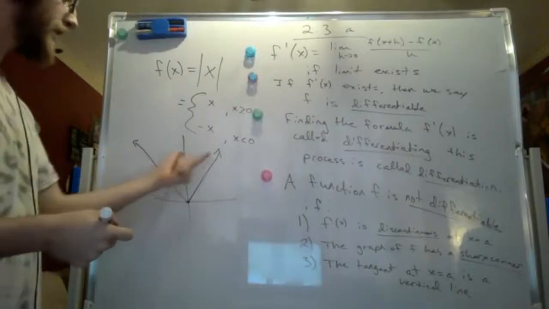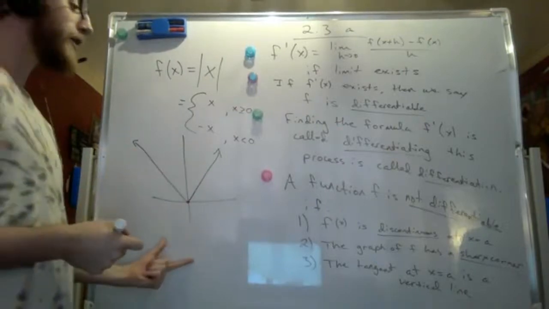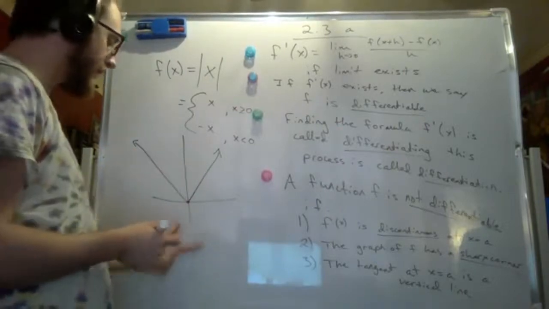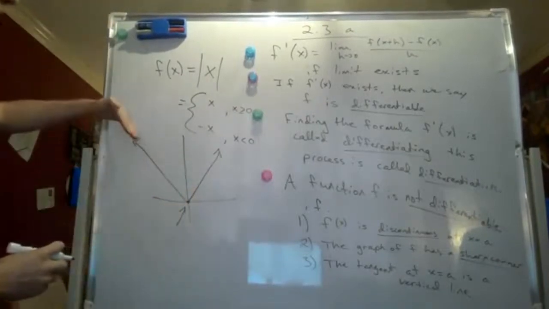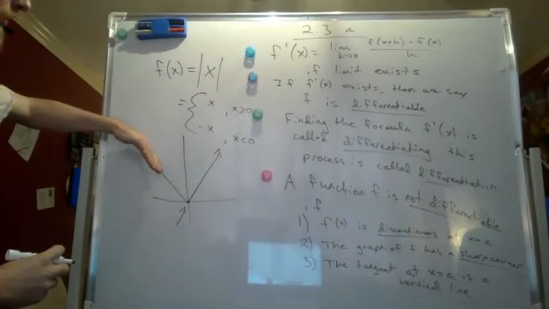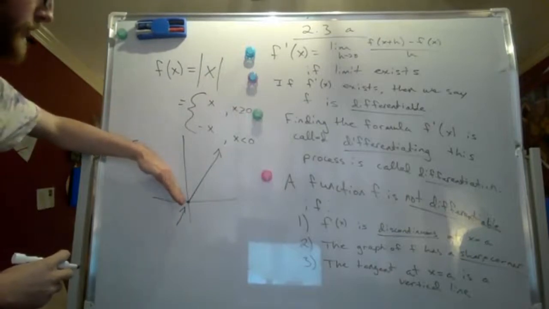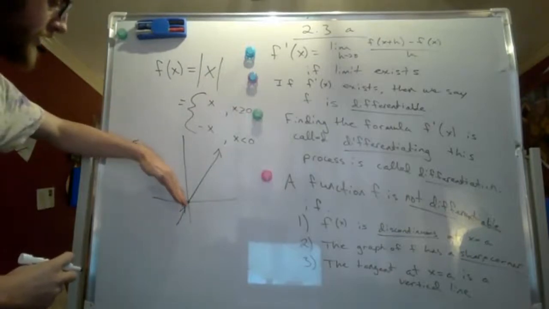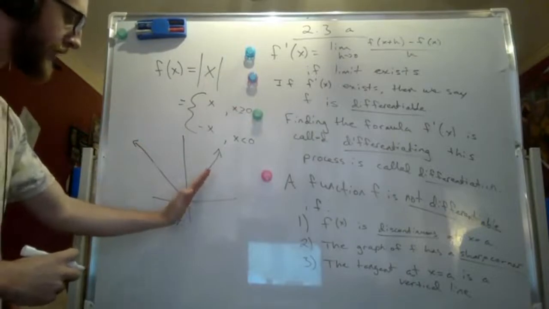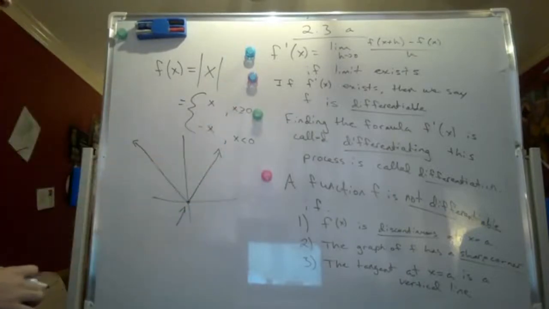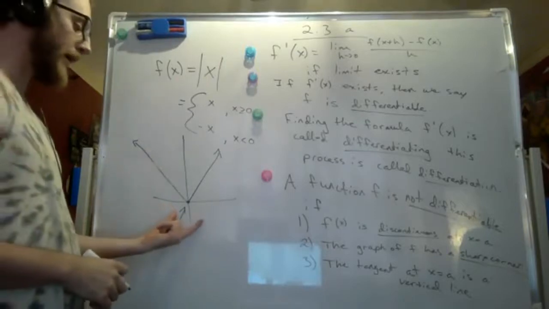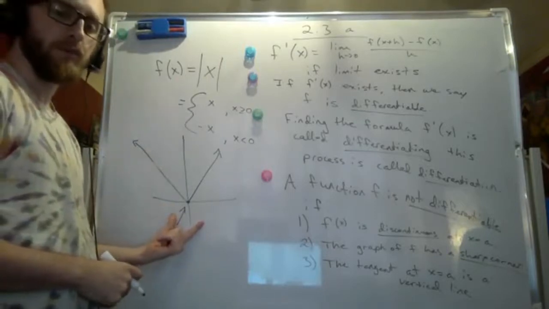It's completely continuous, so this function is not discontinuous, but you notice here at x equals 0, we have this sharp corner. We're going down, we're going down, we're going down. We've got a slope of -1, and then suddenly we turn, and then our slope is +1 going in this other direction.